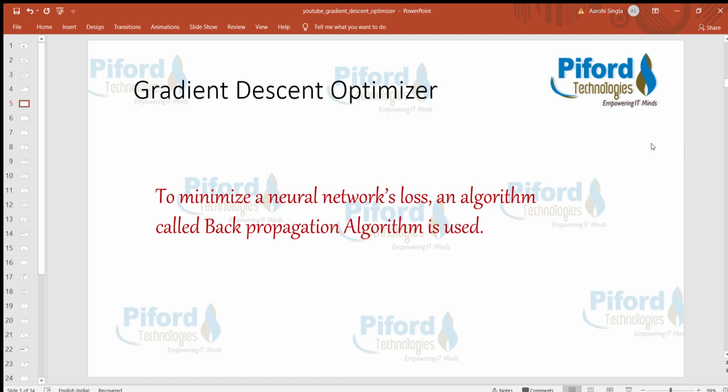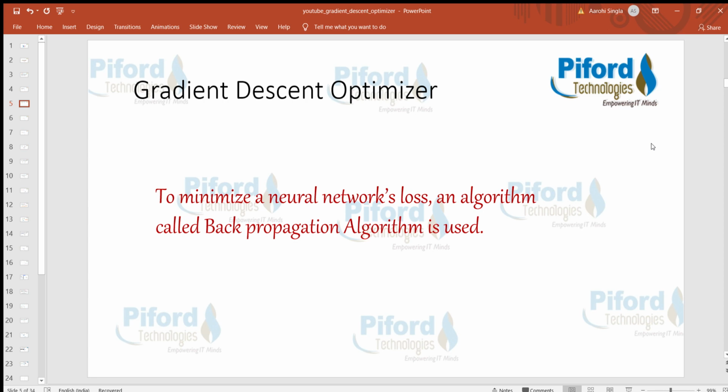To minimize a neural network loss, an algorithm called backpropagation is used. Backpropagation calculates the derivative of the loss function with respect to the weights in the network. In other words, it finds the direction in which to update the weights so that the model will perform better. This direction, in which we want to update the weights, is called the network's gradient.